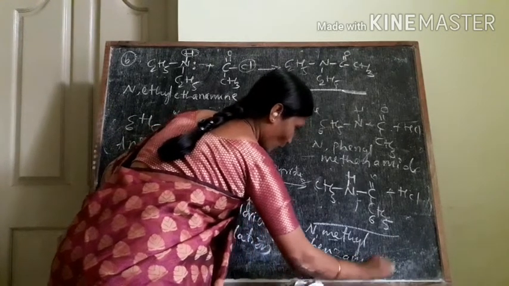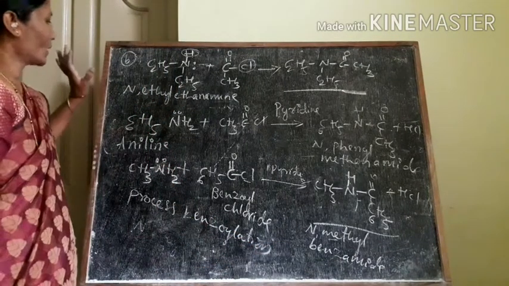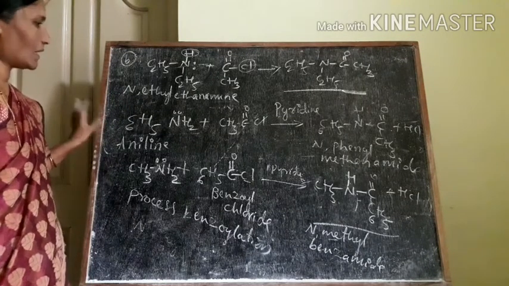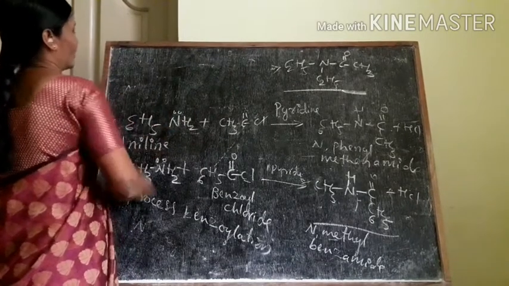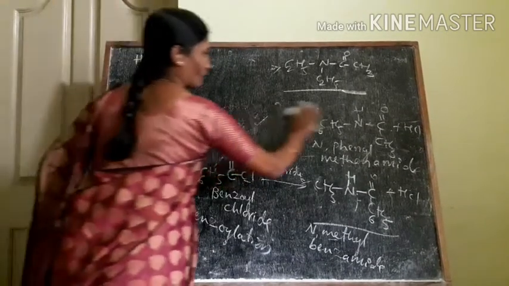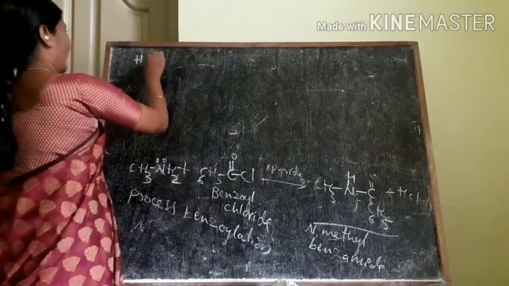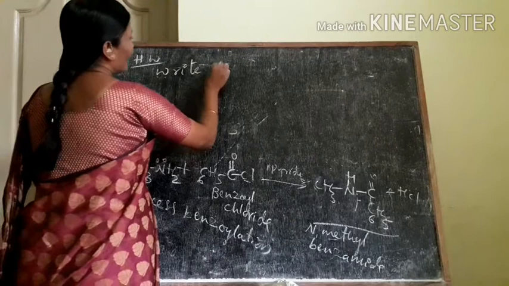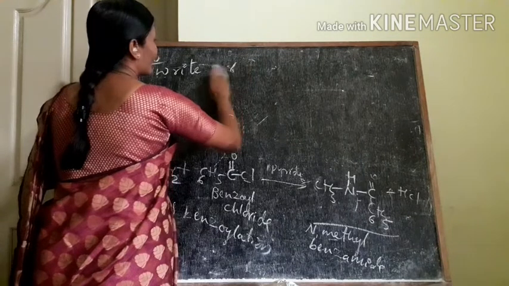N-methyl benzamide. Okay. And the next one I will give as homework for you. You have to take primary and secondary aliphatic as well as aromatic amines and try to write reactions. Homework: write reactions.